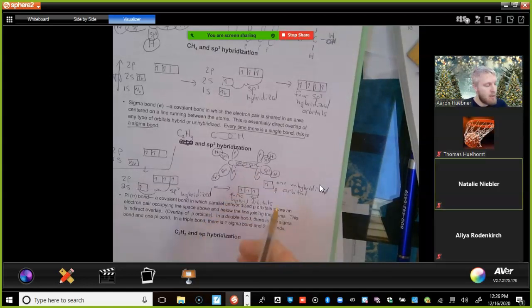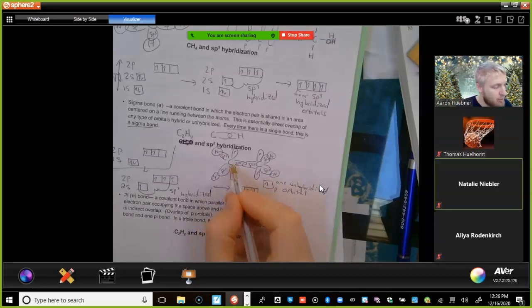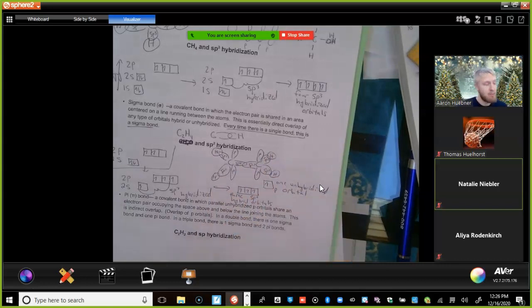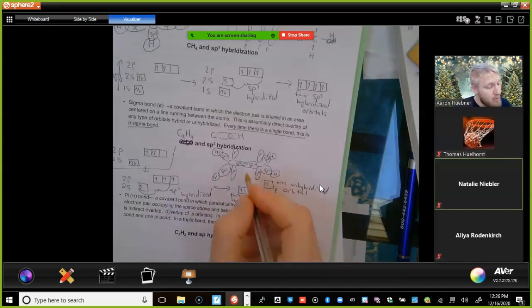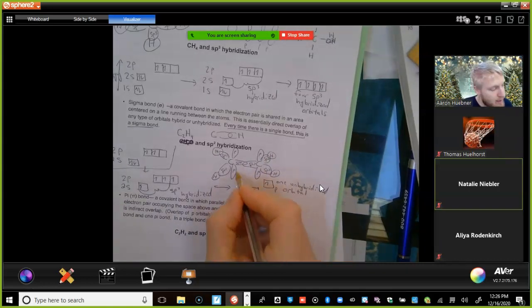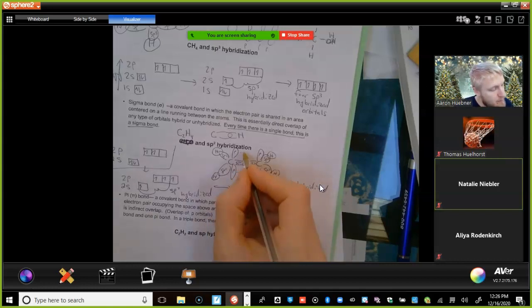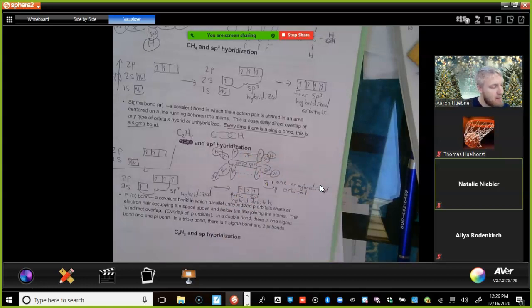Every single bond you have between carbon-hydrogen and carbon-carbon, you have one sigma bond, so we're going to have 1, 2, 3, 4, 5 total sigma bonds happening. But then we also have what's called a pi bond, represented by symbol pi. And a pi bond is the parallel attraction between two unhybridized orbitals. And it creates a more stable bond.